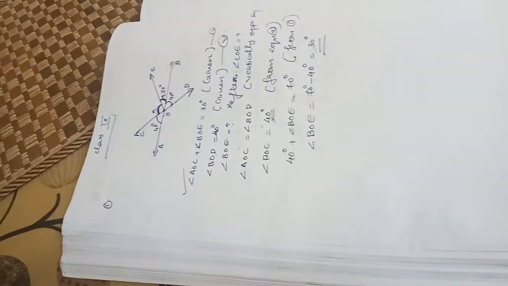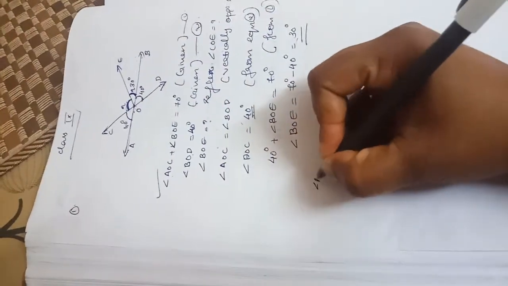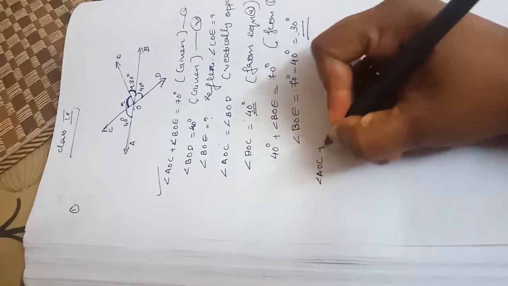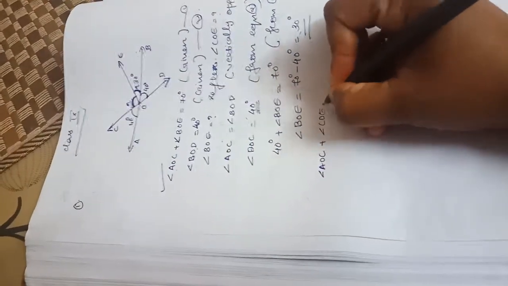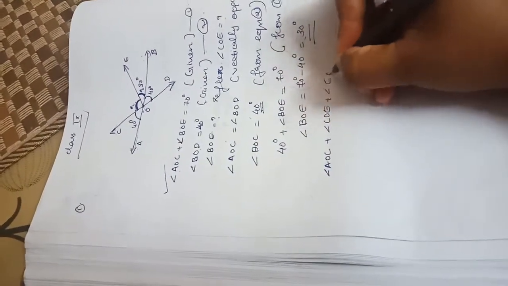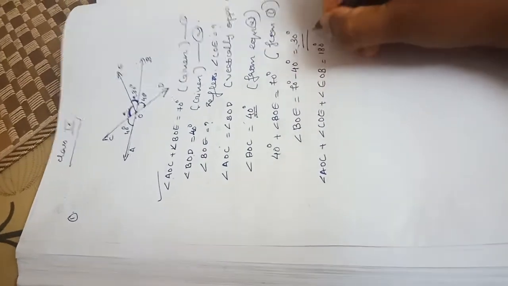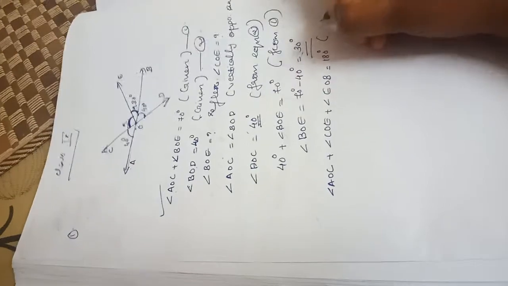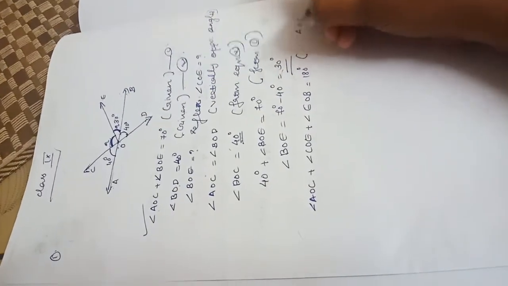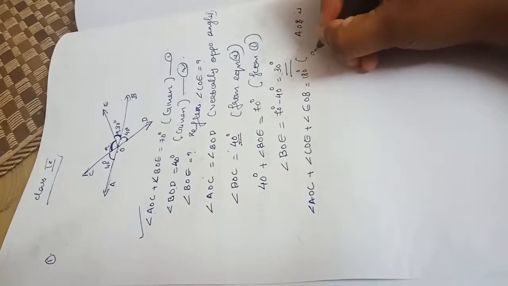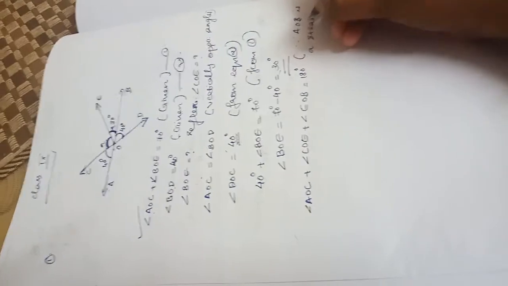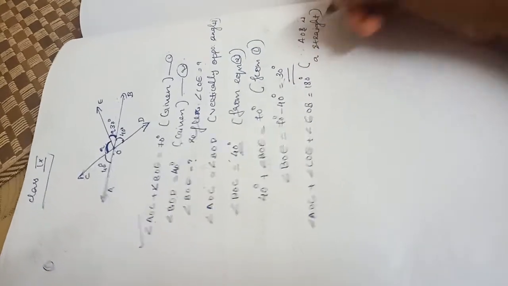You studied that in the previous class also. So I am writing angle AOC plus angle COE plus angle EOB is equal to 180 degrees. The reason: since AOB is a straight line, or you can write by using the linear axiom.